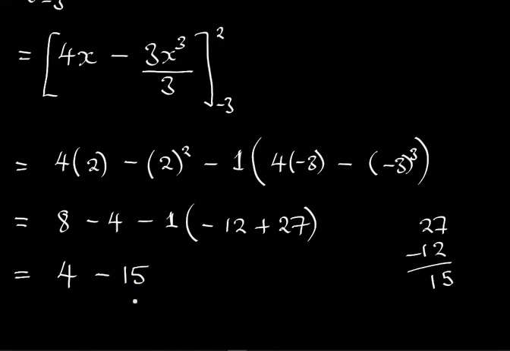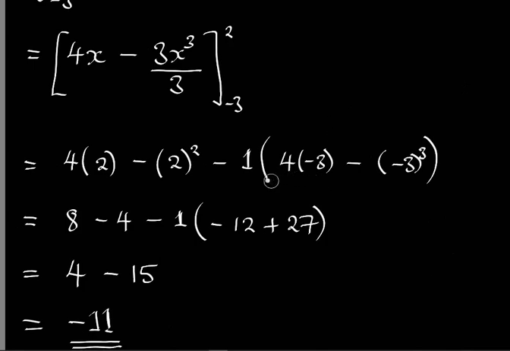Now notice we have a negative answer, which is going to be -11. This is actually correct. In such cases, I don't really like putting the unit squared here because we can't have a negative. We can have a negative area, but for now, we can't imagine us having a negative amount of area. So we can forget about that and just write it as -11.